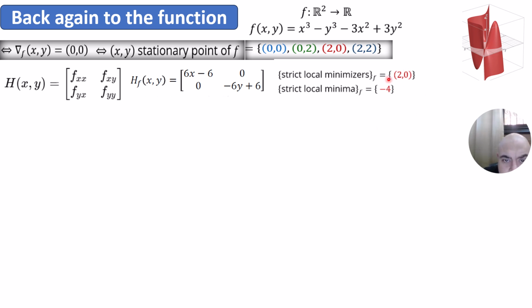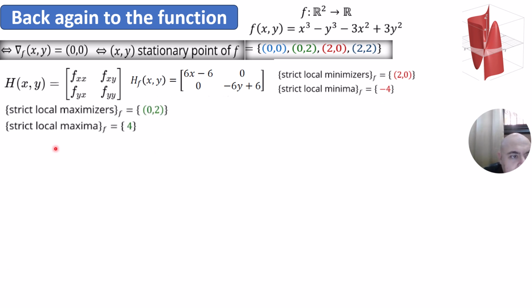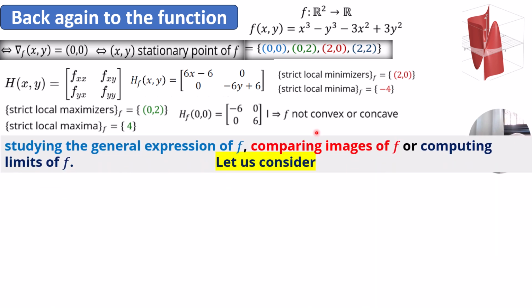At 2 and 0, we have a local minimizer with a value of negative 4. Okay, strict local maximizer at 0 and 2, and the value of positive 4. The Hessian matrix is negative 6 and 6, not convex or concave. Now studying the general expression of f comparing images, بقارن بقى دلوقتي عشان أعرف إذا كان ده global ولا just only local for these two guys اللي هو 2 0 و 0 2.